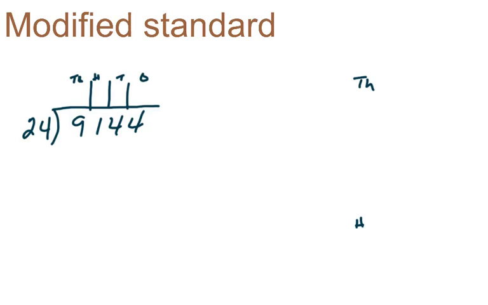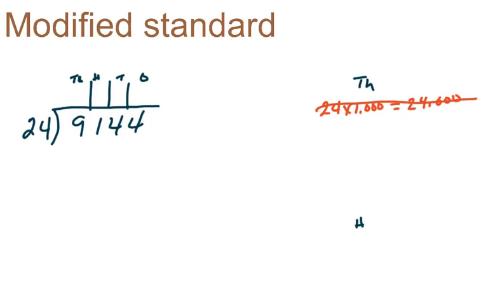So here, we're doing 9,144 divided by 24. Same process. Start off with our thousands. 24 times 1,000. That's going to be 24,000. So we see that that is a whole lot greater than our dividend.